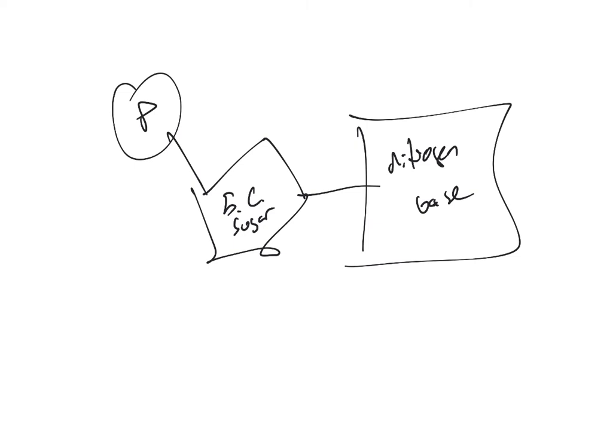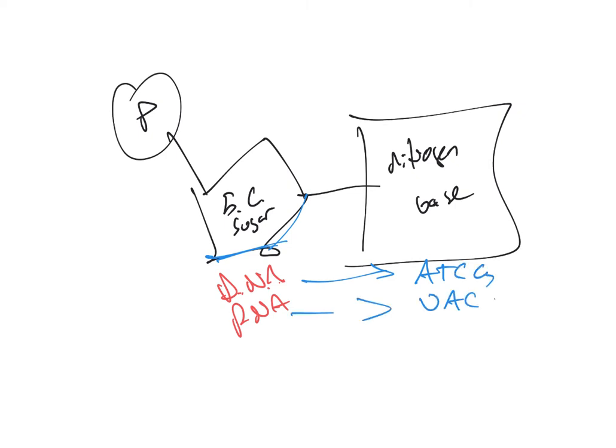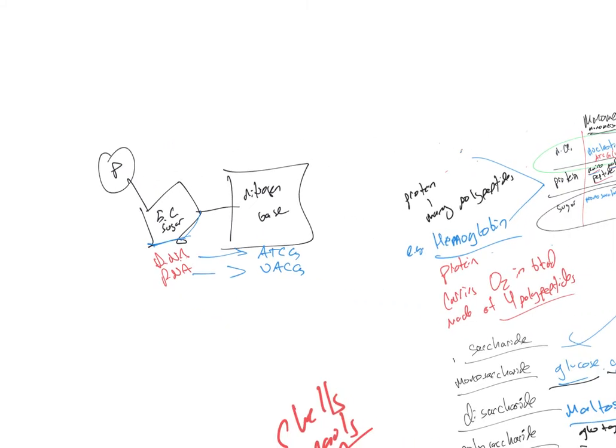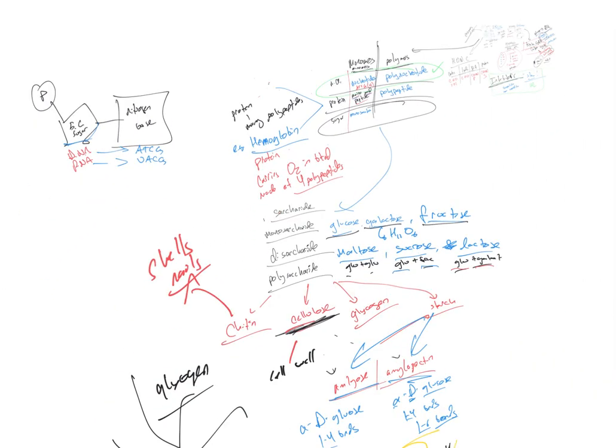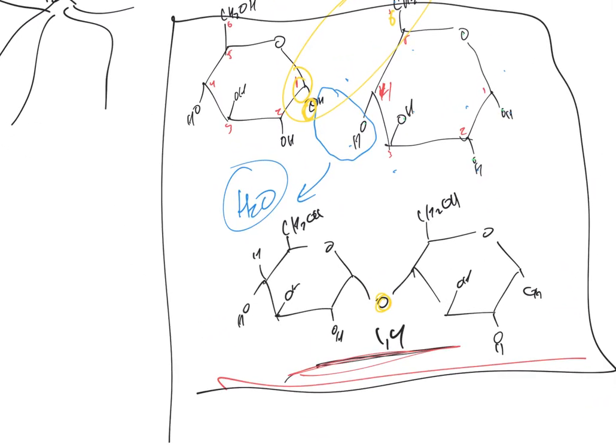If you really want to know why we say 5 carbon sugar, it's because we have DNA and we have RNA. The DNA bases are ATCG and RNA is UACG. That's it. More detail coming later. You do not need to draw this for nucleotides.